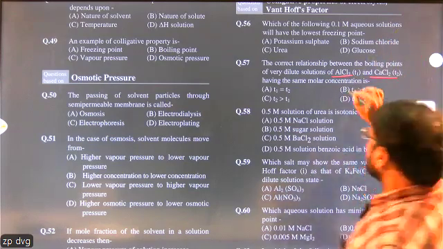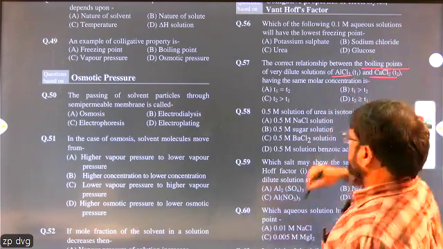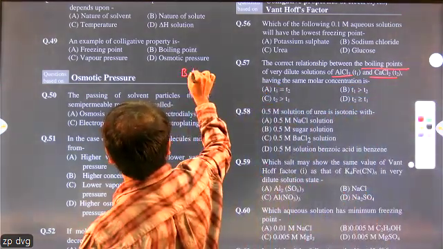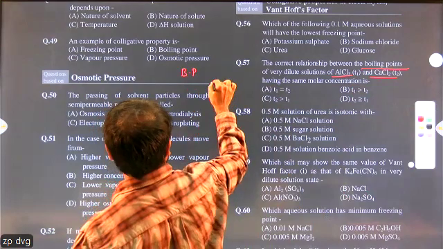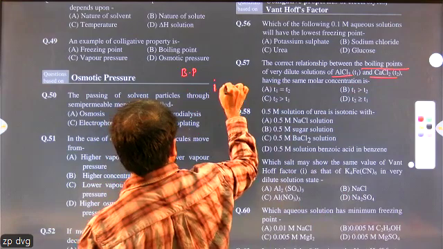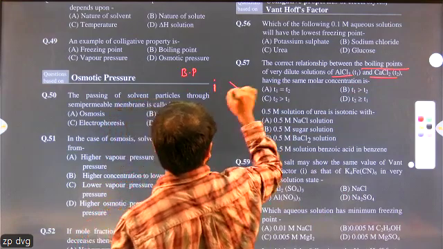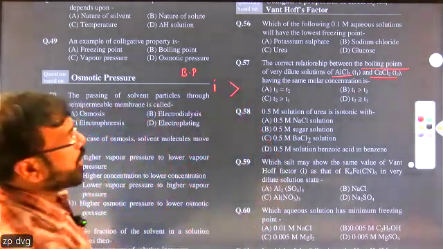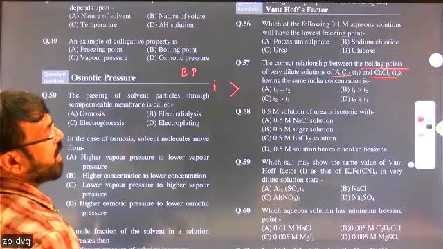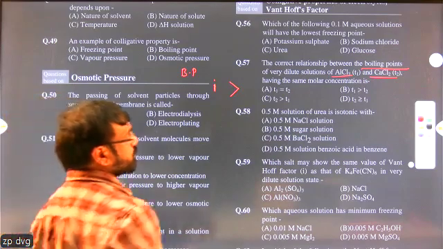They are asking directly about boiling point, so we have to see the i factor. The substance with the highest i value, the Van't Hoff factor, is going to have the highest boiling point.